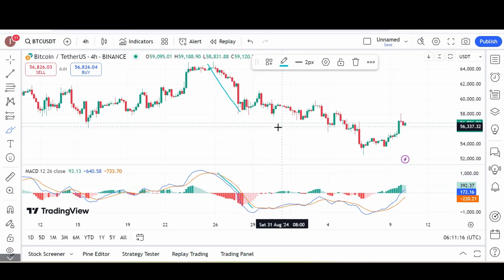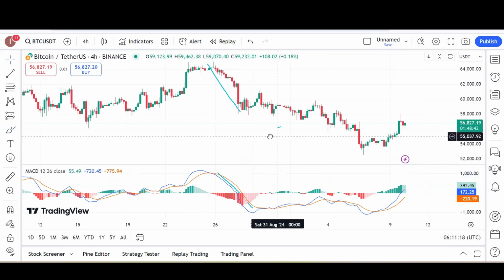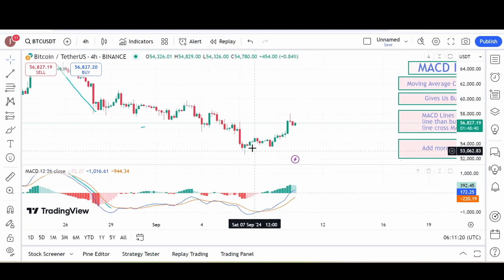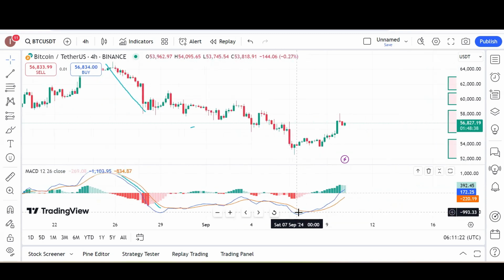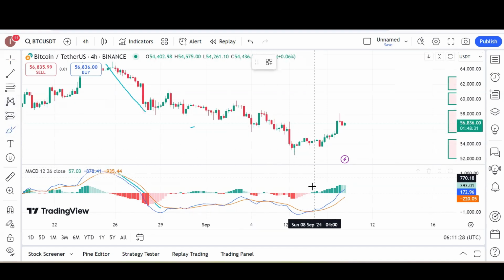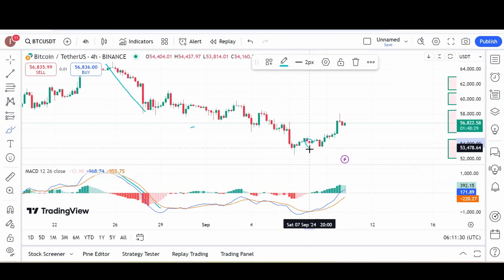Okay, now we get some other example. As you can see here, the MACD line crosses the signal line, then we get the buy signal at that point. When we get the buy signal, as you can see, the red histogram changes into the green histogram.